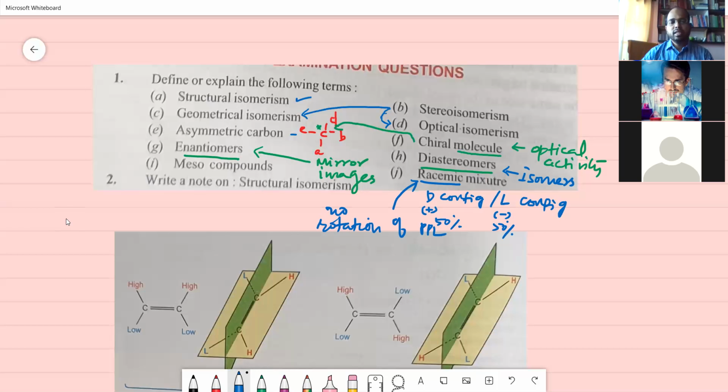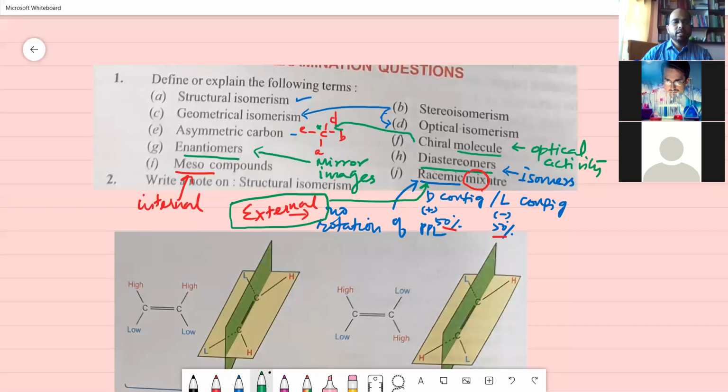But here you do it externally, whereas this one is internal. Here you mix it, that is why you call it a mixture. You mix 50% of this and 50% of this, you get it outside. That is what you call external. So external outside mixing will give you a racemic mixture, but internal will give you a meso compound.